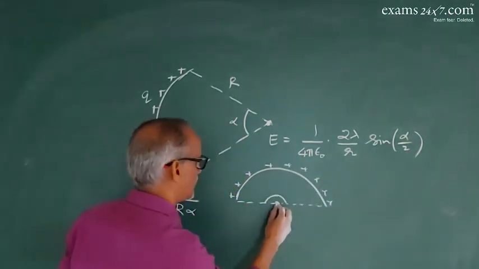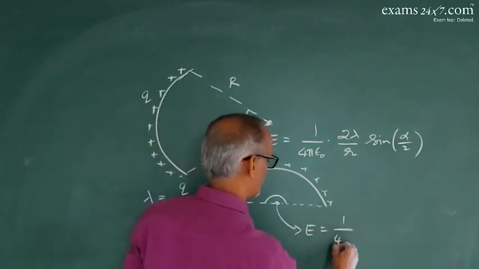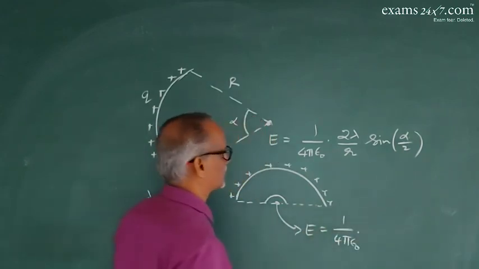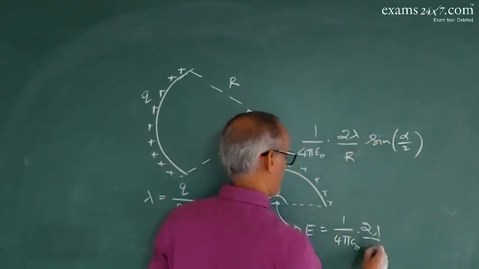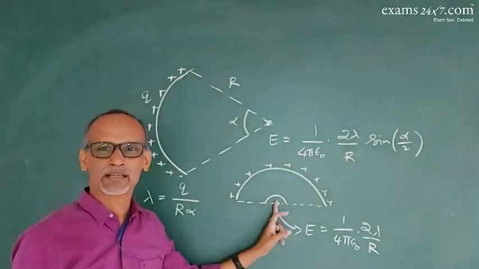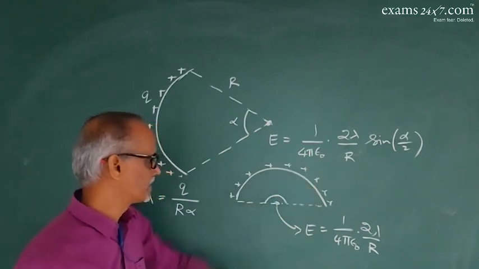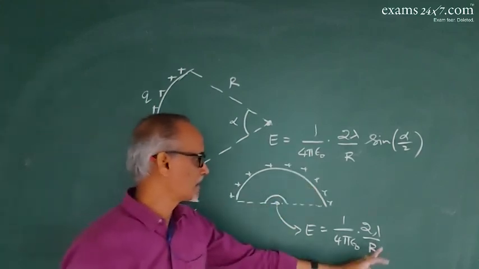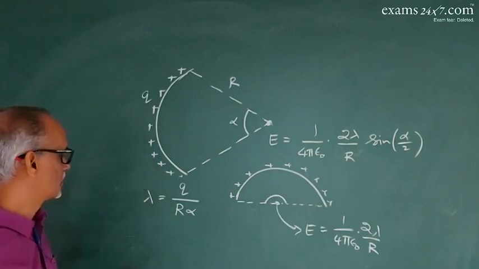So therefore you get the expression for electric field at this particular point: E is equal to 1 by 4 pi epsilon naught, 2 lambda by R. This is capital R. So that's the expression for electric field at the center of a semicircular arc having radius R, and lambda is the linear density of the charge.